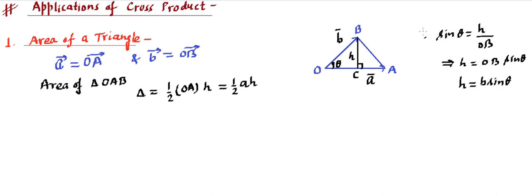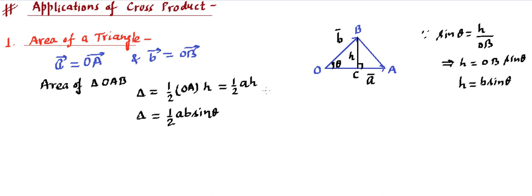So this is the trigonometry we have used to find the value of h. We can substitute the value of h over here. So the area of this triangle is going to be equal to half A into h, and in place of h we write B sine theta, which becomes half A into B into sine theta.